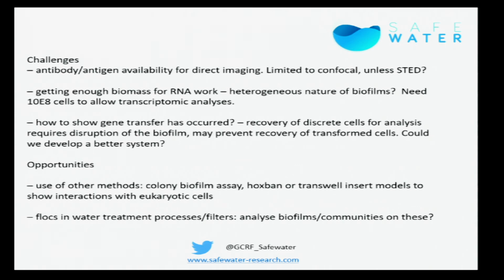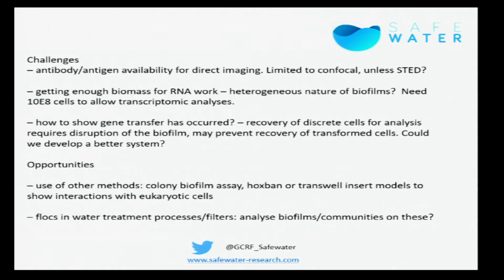We're also interested in trying to look at gene expression within biofilms as well. Easy to do in planktonic culture. You take a sample, you extract the RNA, and you get it sequenced. And the microbiologists in the room are laughing because it's not just as simple as that. However, with a biofilm, we've got this tiny proportion of cells, and we have to get them off the surface, and then we have to extract the RNA without killing the RNA.